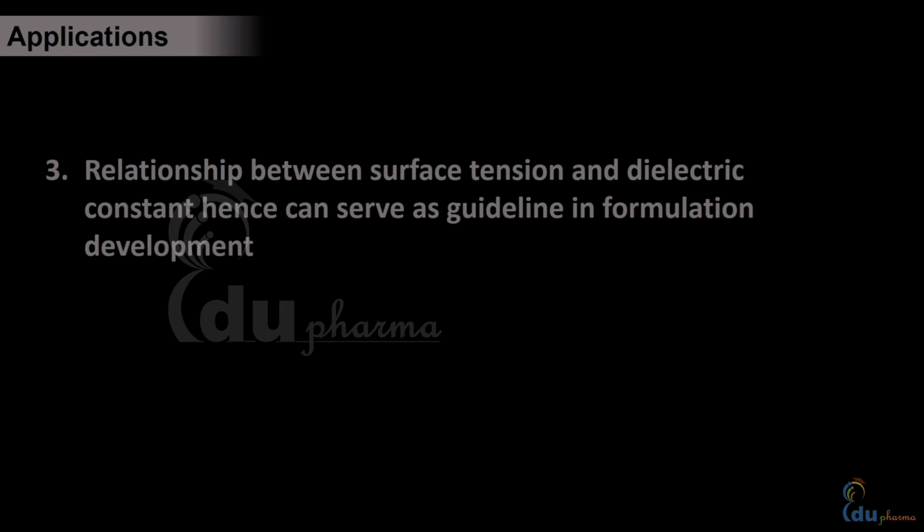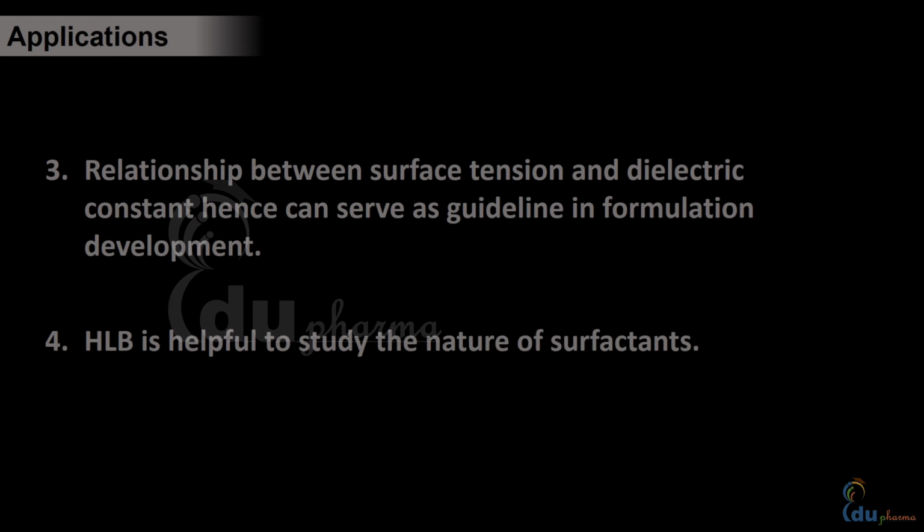For example, in optimization of the stability of parenteral preparations, ultrasonically emulsified nutrient oil preparations are stabilized with phospholipids and non-ionic surfactants. HLB is helpful not only in the formulation of emulsions but also in other applications of surface active agents as antifoaming agents, detergents, solubilizers, wetting agents, etc.